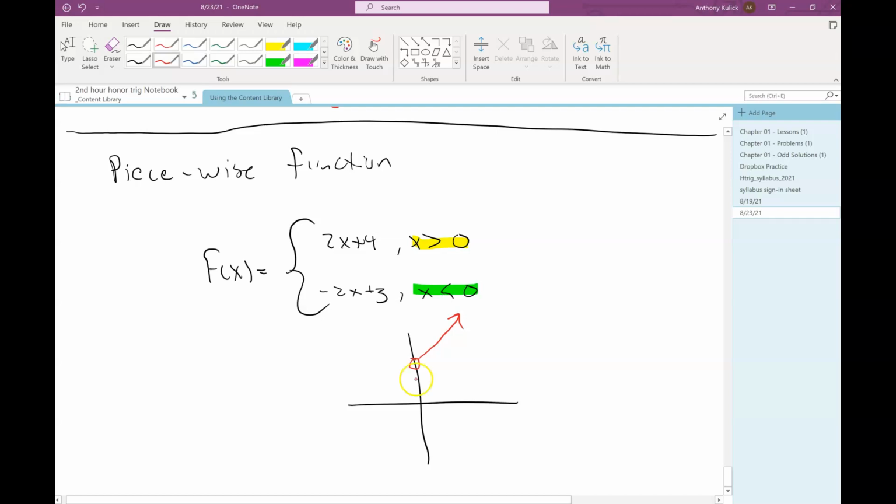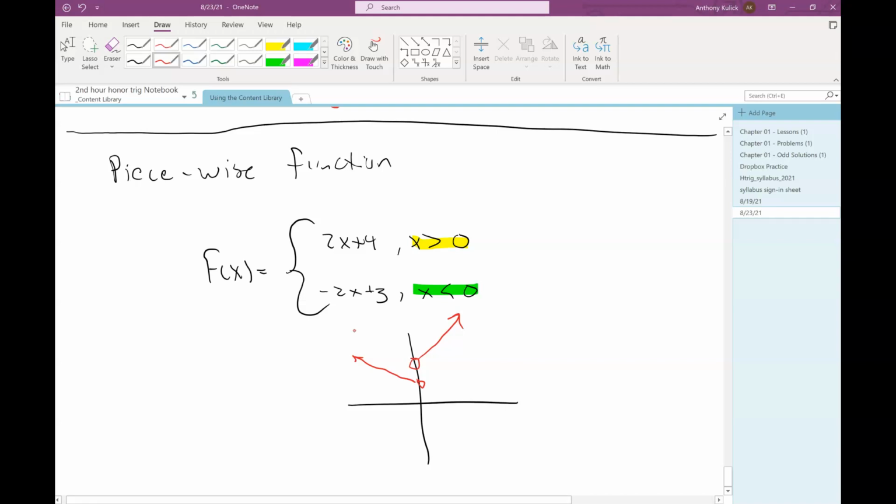If I do the bottom one, I have an open circle at 3, and then we have a negative slope, so we'd be coming in like that, right? So there's a jump discontinuity. You really kind of need a piecewise function to define a jump discontinuity. And I don't think that we really cover those in anybody's Algebra 2 course. But that's an example of what a piecewise function would look like and how it ends up creating a jump discontinuity.